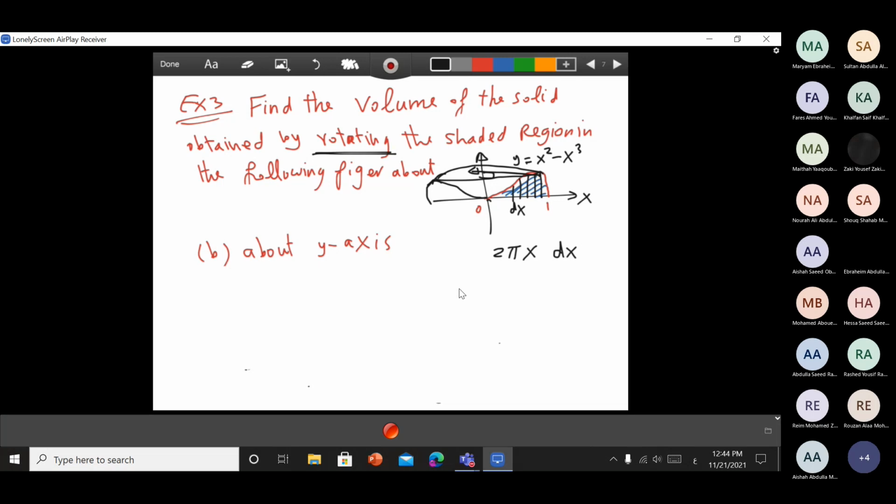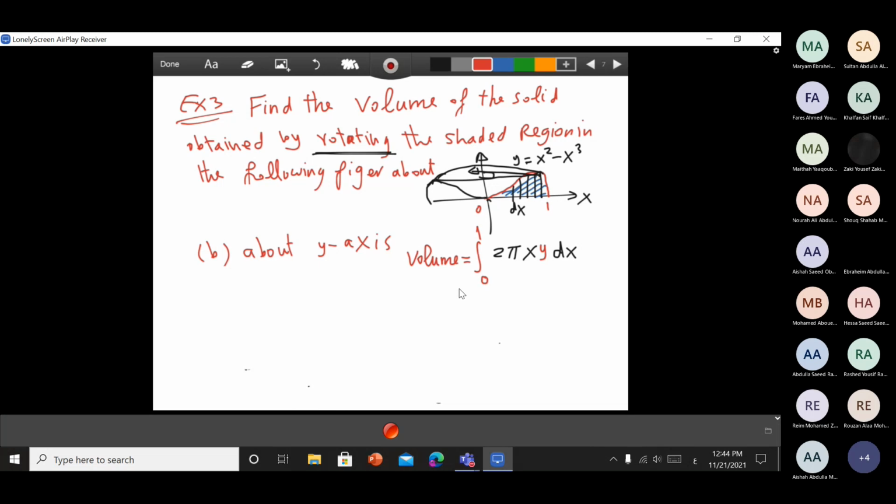And the height of this thickness will be, yes, y. So if you accumulate this one up to x, because you are rotating about the y-axis, from 0 to 1, this will be the volume in this case.